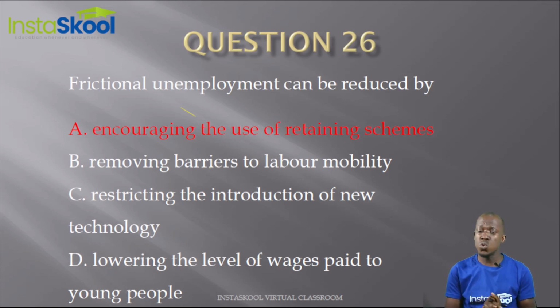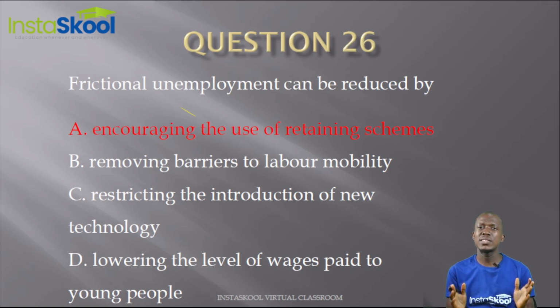First, we need to know what frictional unemployment is before we know how to reduce it. Frictional unemployment is the unemployment that occurs as a result of people leaving one job to another. So the space of time between when they left a job and when they are able to get another job is what we call frictional unemployment.